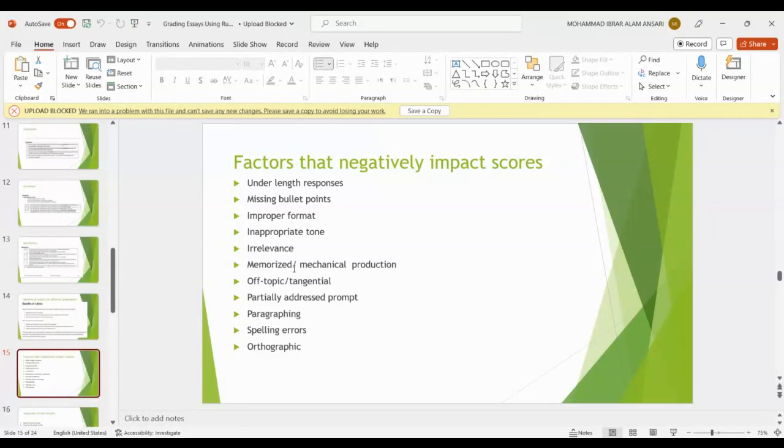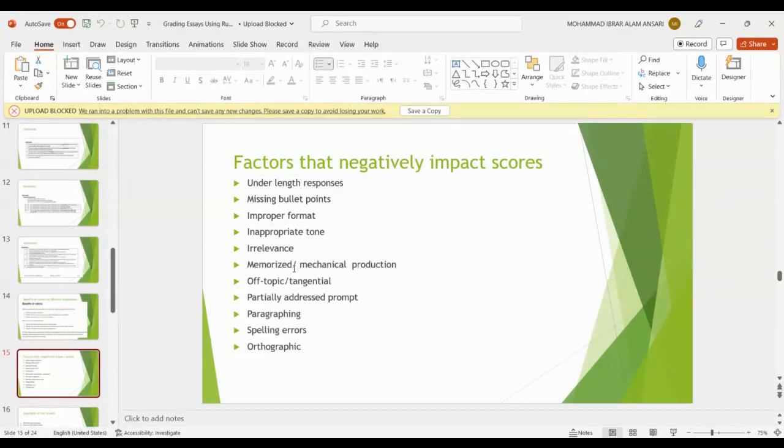In terms of content, if they use some phrases or idiomatic expressions and others, that's fine. But if they memorize some paragraphs and just regurgitate them or reproduce them in the exam hall, they're going to be marked down because it sounds so mechanical.